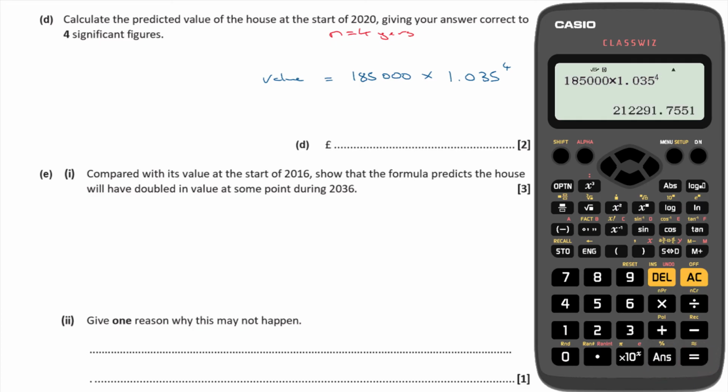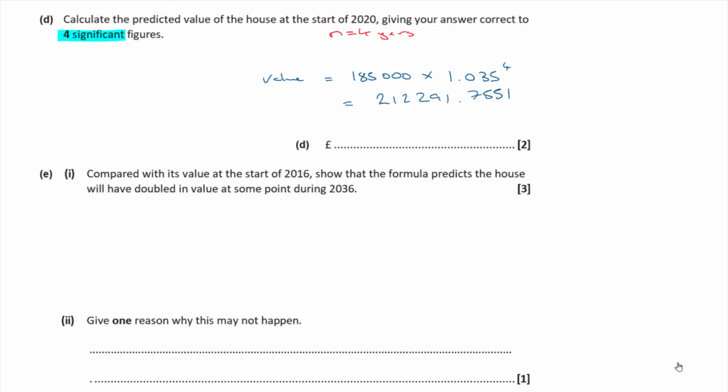That comes out to 212291.7. Now it's asking for our answer to 4 significant figures, so I need to round that off. Let me just write down the display value first. 212291.7551. I probably wouldn't bother doing this if it was my test.